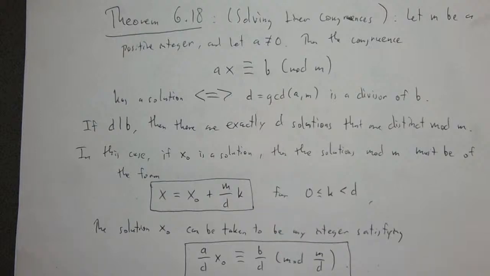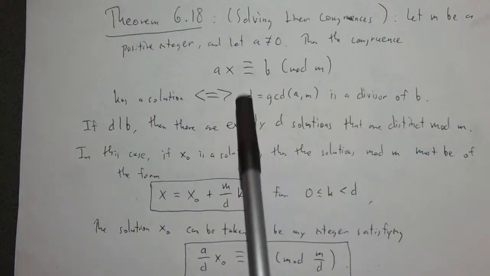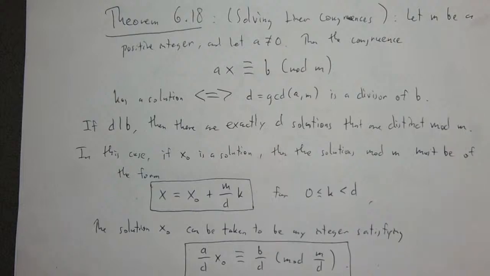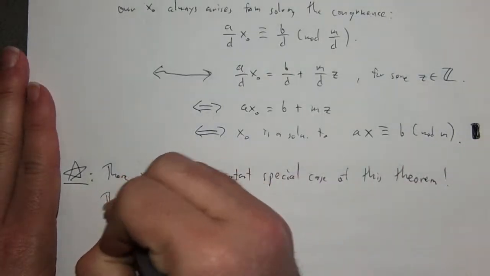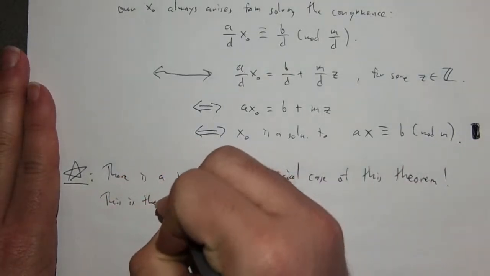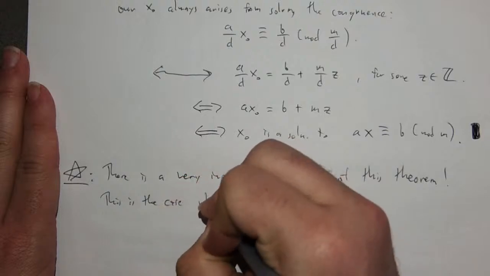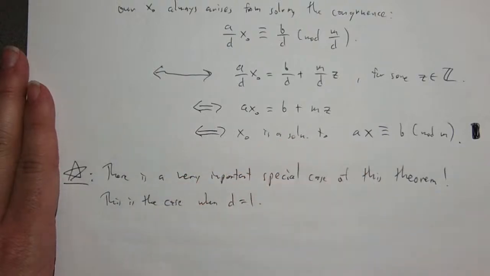So d is equal to 1, and that means that you don't have to worry about d being a divisor of b because it's 1. So 1 is always a divisor of b. And in that case, you have exactly one solution distinct mod m. So you have a unique solution mod m. Okay, so d equals 1 is that special case.